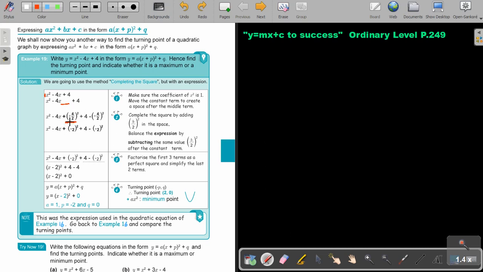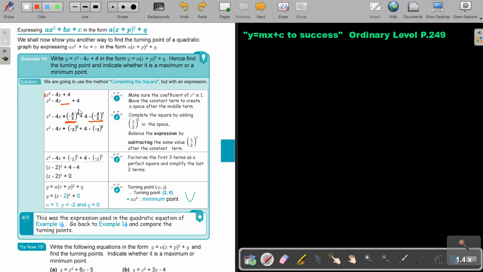You cannot just add this. Whatever you add, you must also subtract, so that if I work back, it can cancel out. This is the only difference: I'm working on one side, not on two sides of the equal sign. So now I'm going to simplify.